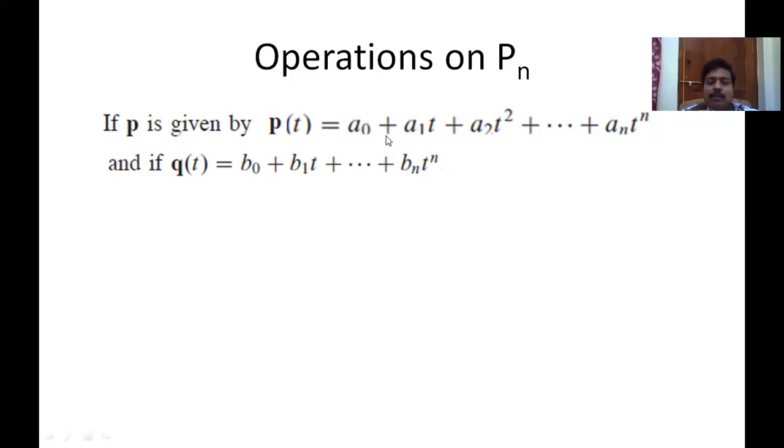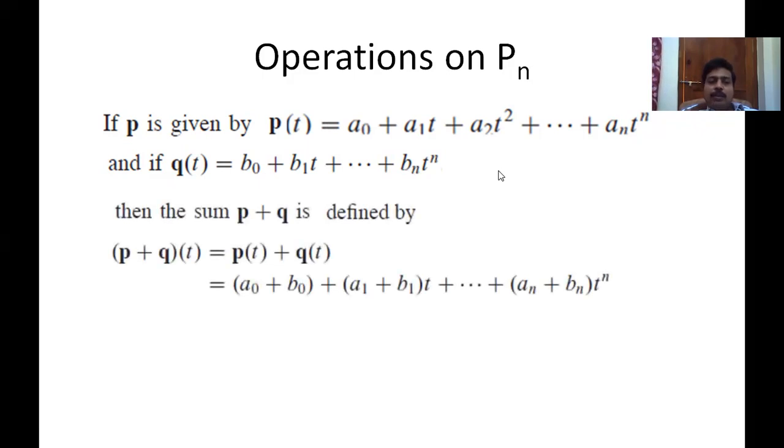Here the coefficients are changed. Then the sum p plus q is defined by, so we are defining the addition of polynomials here. This is equal to p(t) plus q(t). This is nothing but component-wise addition.